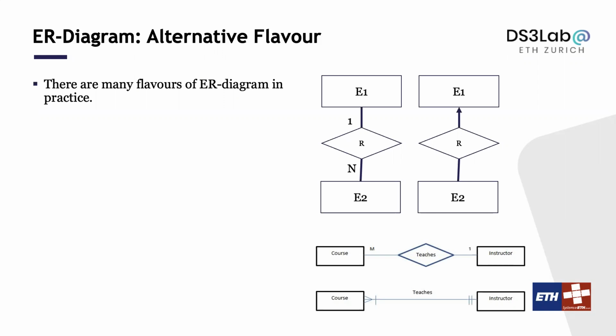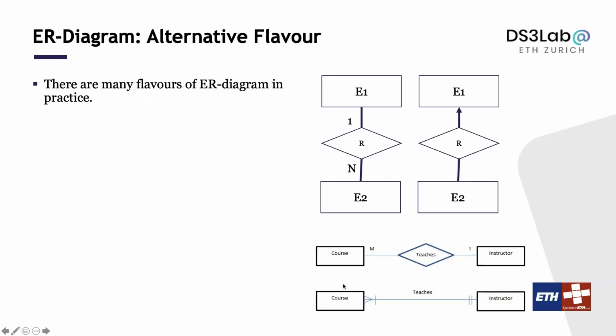In some ER diagrams, you have n on one side and 1 on the other. In others, they use a directional arrow, so there's one line pointing from E2 to E1. It means that there's a many-to-one relationship, right?